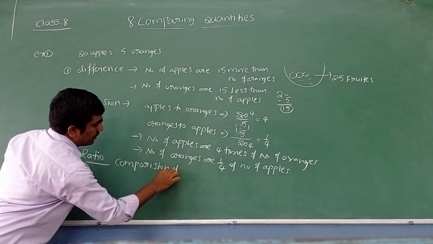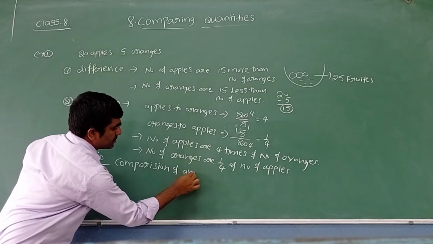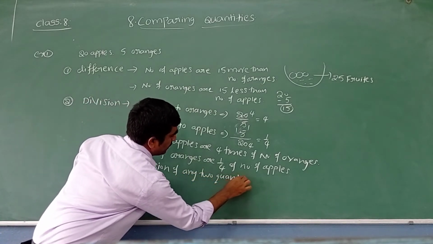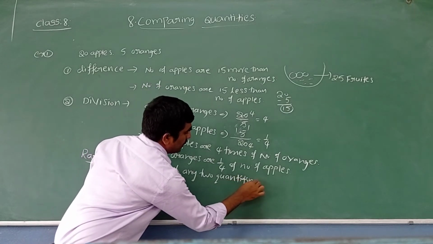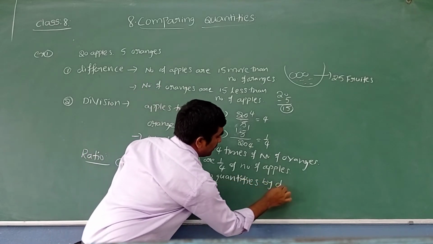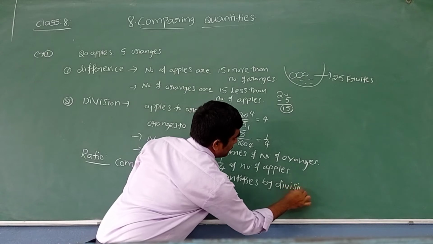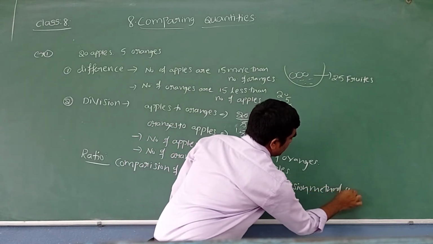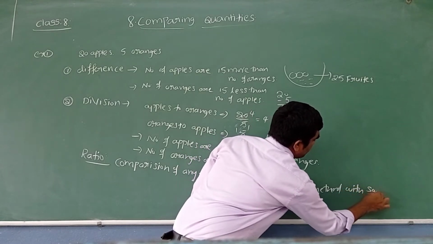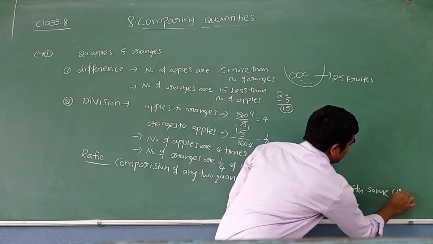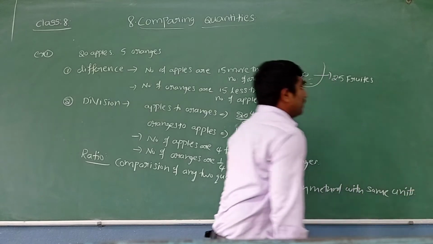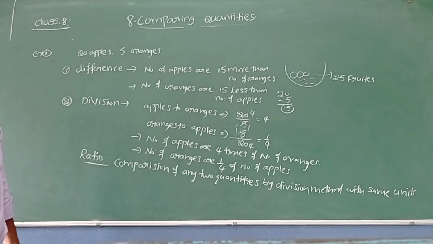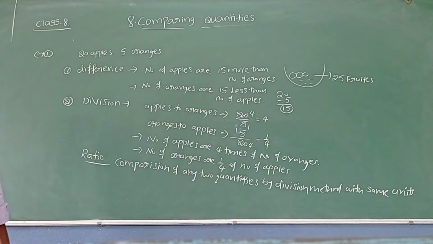Comparison of any two quantities by the division method with the same units. Keep in mind, the units must be the same. Comparison of any two quantities by the division method with the same units is called a ratio.